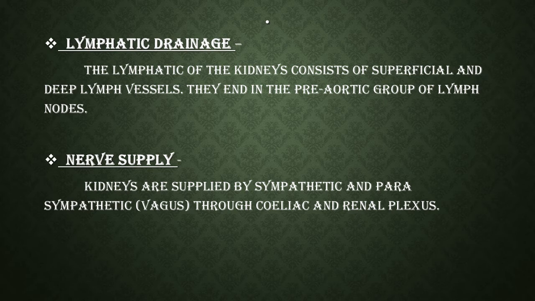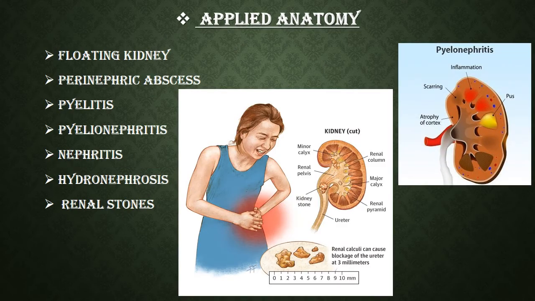The nerve supply of the kidney: it is supplied by sympathetic and parasympathetic, that is vagus, through the colic and renal plexus. Applied anatomy of the kidney. First is floating kidney.